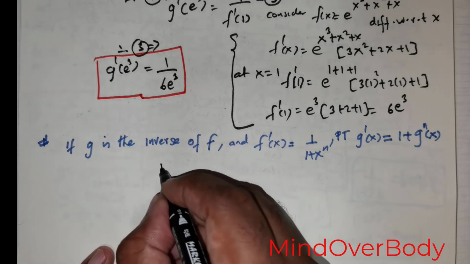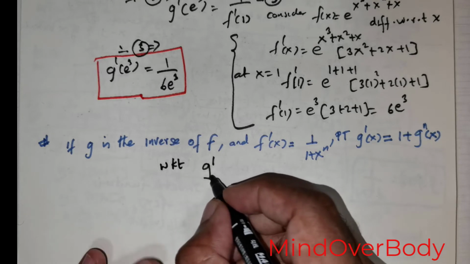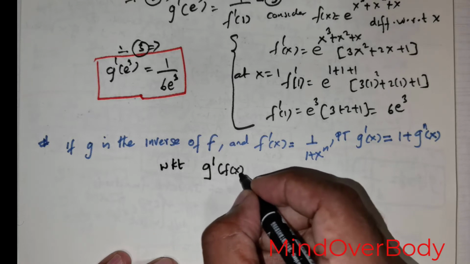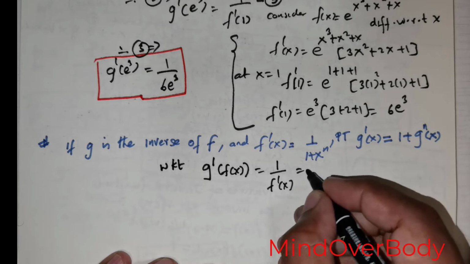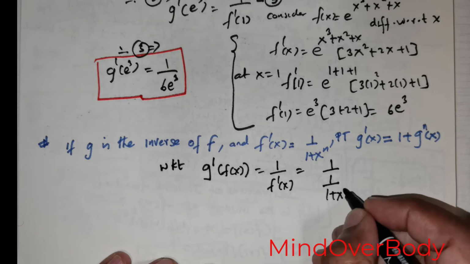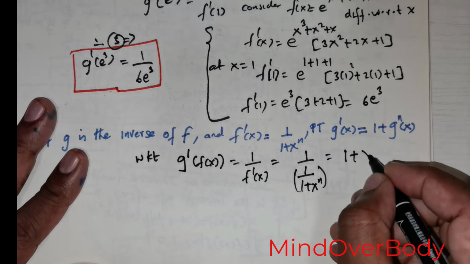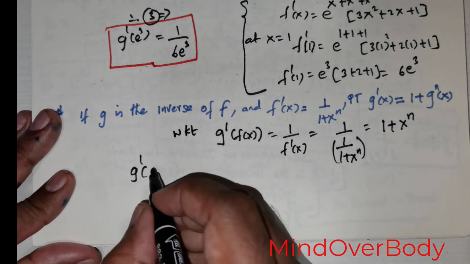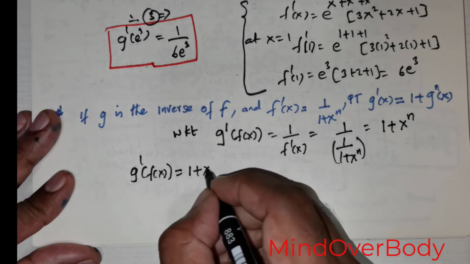Now we know the all important relationship between g dash and f dash, so that is g dash of f of x is equal to 1 over f dash of x, but f dash of x is given to be 1 over 1 plus x raised to the power of n. So if I were to flip it, this is going to be 1 plus x raised to the power of n. So now we have got g dash of f of x is equal to 1 plus x raised to the power of n.